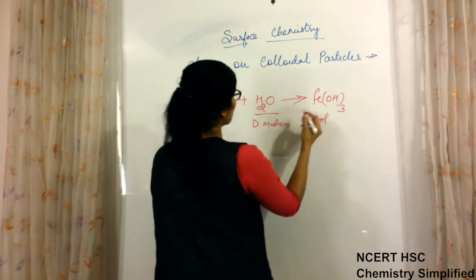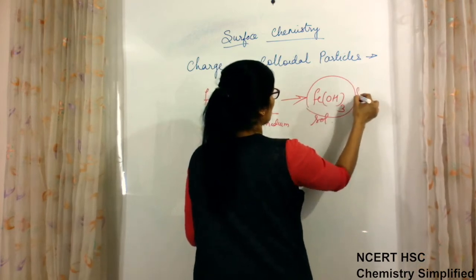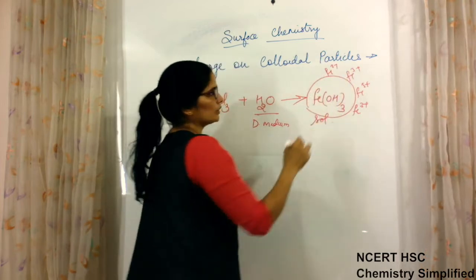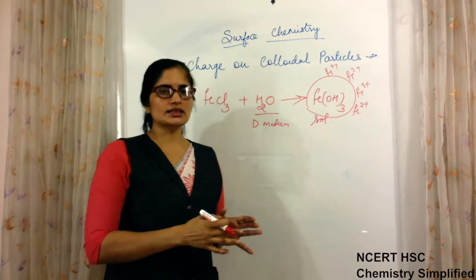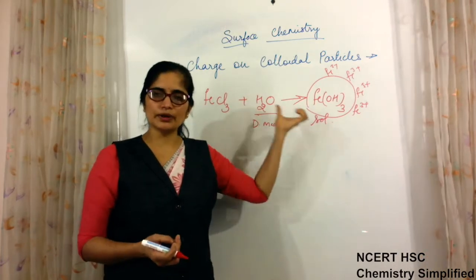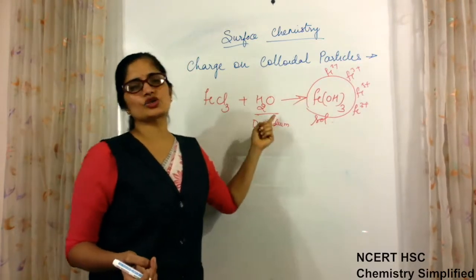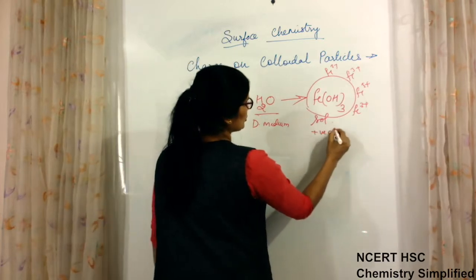That time what happens? Fe3 positive is adsorbed on the surface. So you cannot decide on your own what will be adsorbed. Okay, it is in a natural way how the colloidal particles are formed in the particular type of solution. In ferric chloride, ferric ions are adsorbed on the surface. So this becomes a positively charged sol.